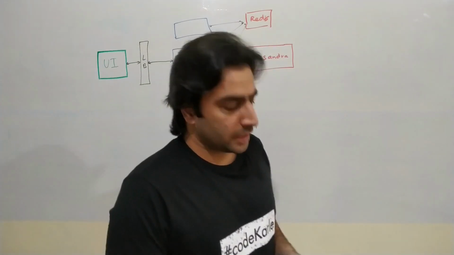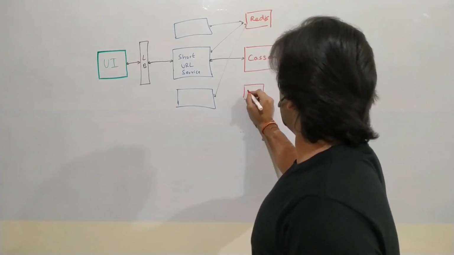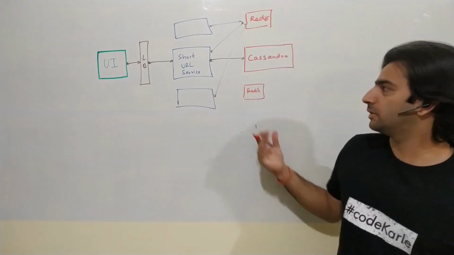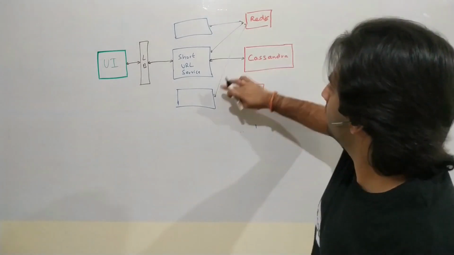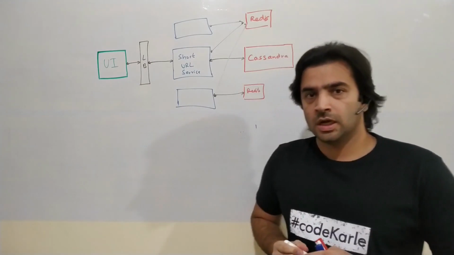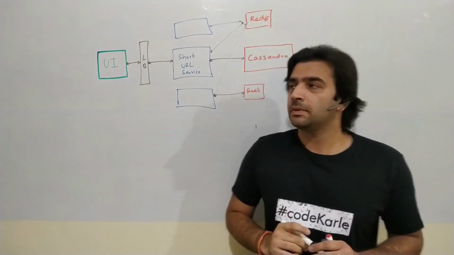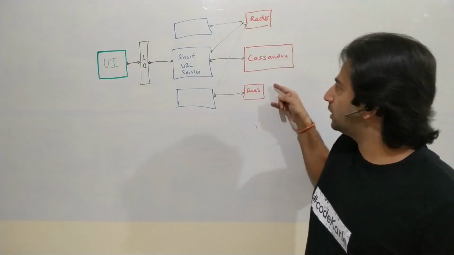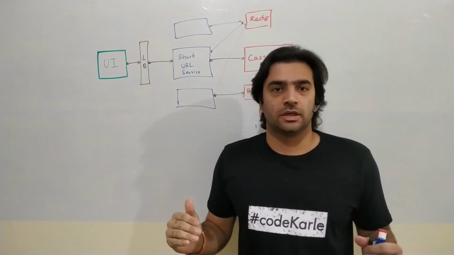Another alternative is that we keep multiple Redis. That will give us high availability and better performance, because now there are multiple machines, and some of these machines will talk to this Redis, and this machine talks to this Redis. This would work just fine till the time these Redis don't start generating duplicate numbers. If both the Redis are starting from the same index, again they'll start generating duplicates.